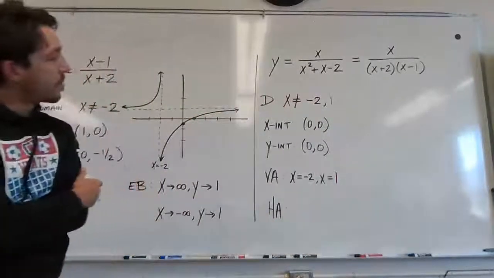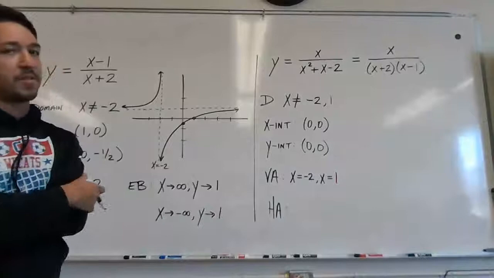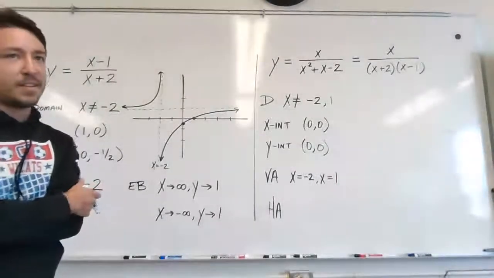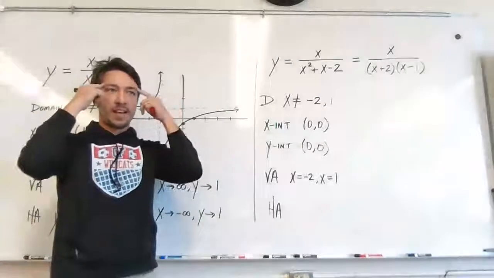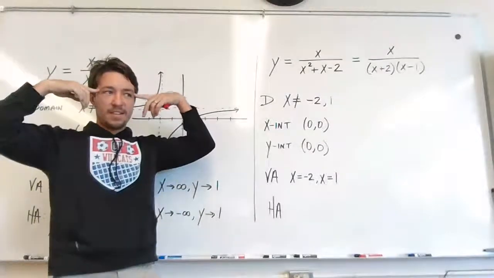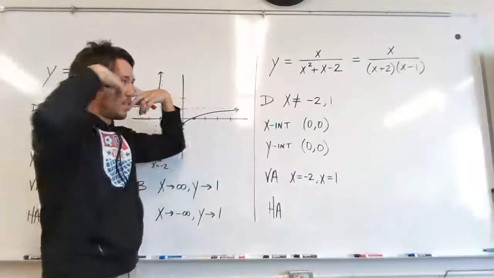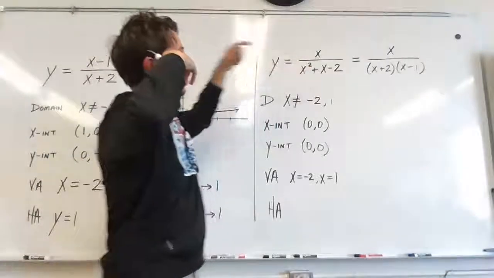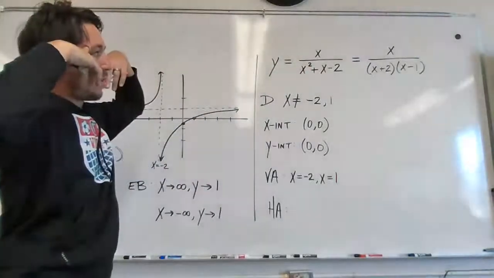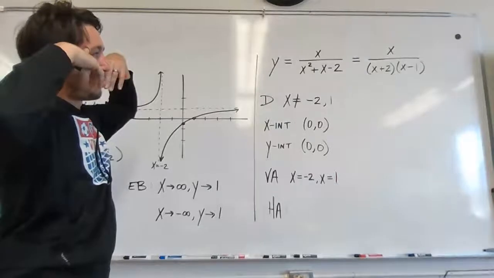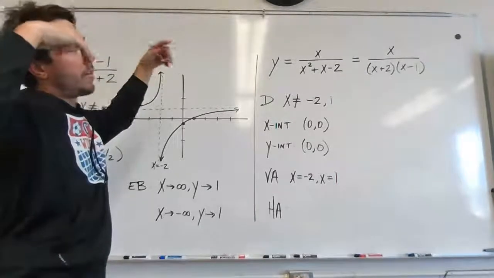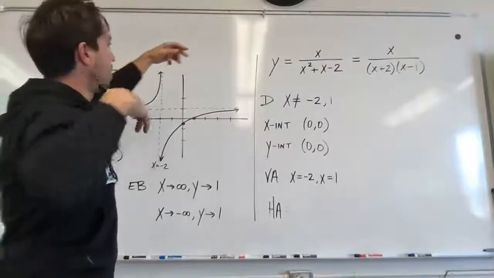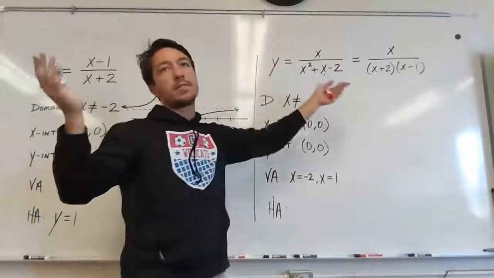Horizontal asymptote time. Okay, now this one might confuse you. Here's another one. Go into the deep think tank. Looking at this, what makes this one more confusing is now it's like if x is big, let's say x is 1,000.